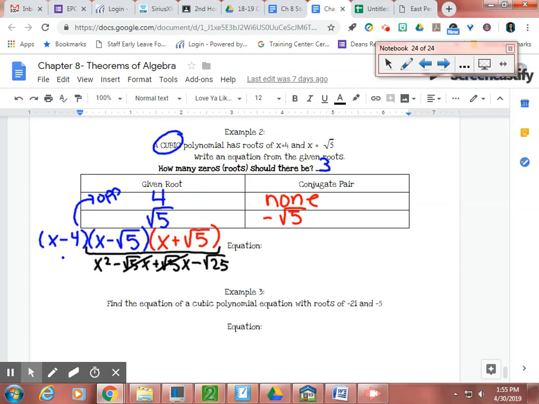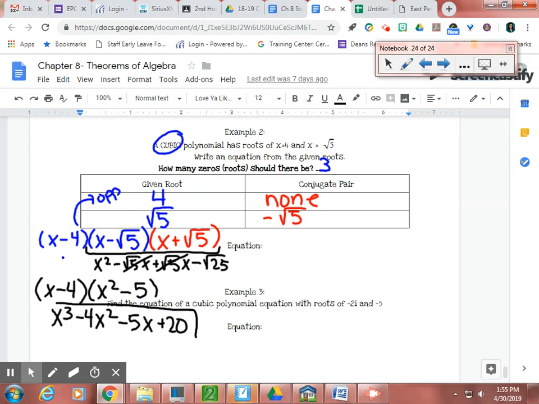So now I know the square root of 25 is 5. So now I drop down my x minus 4, and now I have x squared minus 5. And I'm going to FOIL these together to get x to the third minus 4x squared minus 5x and plus 20. And that's your final answer to what this equation is.